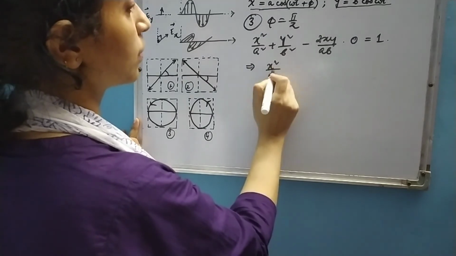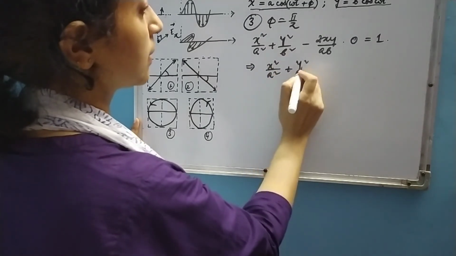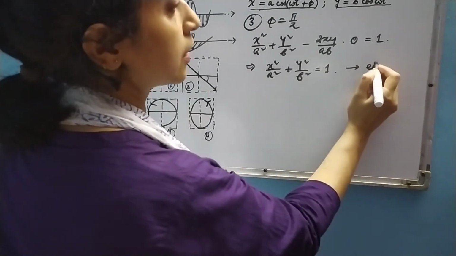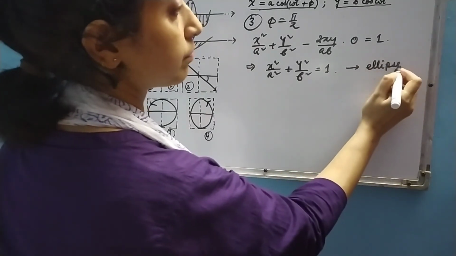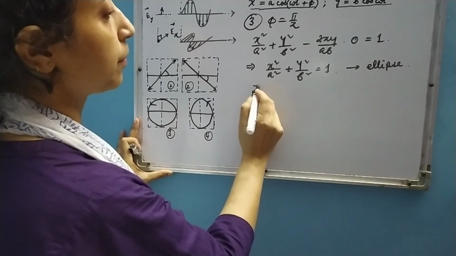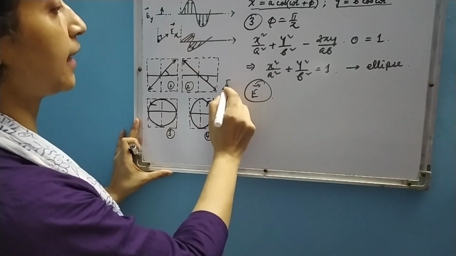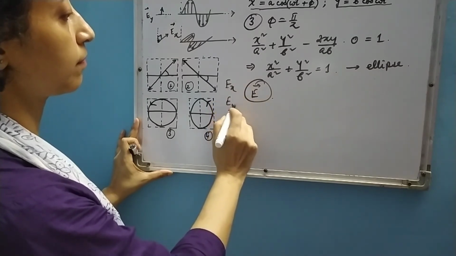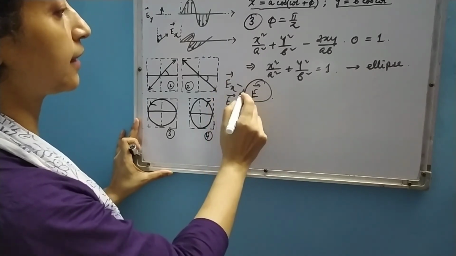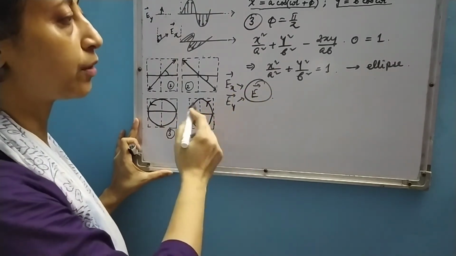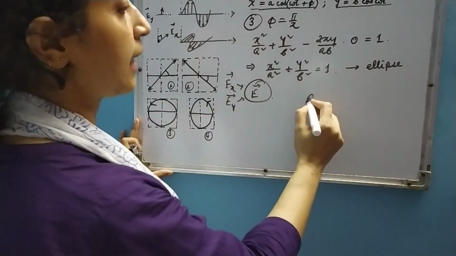So x squared by a squared plus y squared by b squared equals 1, which is the equation of an ellipse, and therefore the tip of the resultant vector of Ex and Ey, we call it the E vector, will follow an elliptical path, and the light will be called elliptically polarized light.